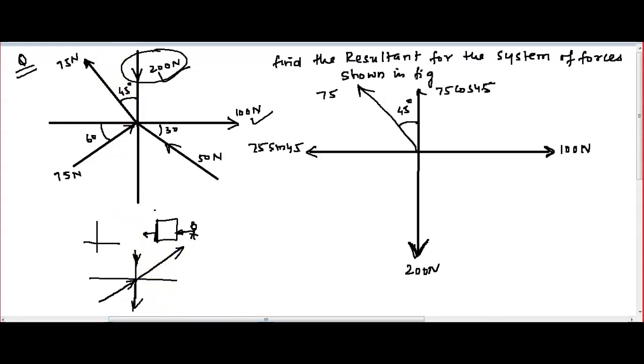This is a rigid body, so whatever goes here goes directly to the other side also. So now this one is of no use. This force was given how much? This angle was given how much? 60. And this force was 75, so this force will be the same 75 only.